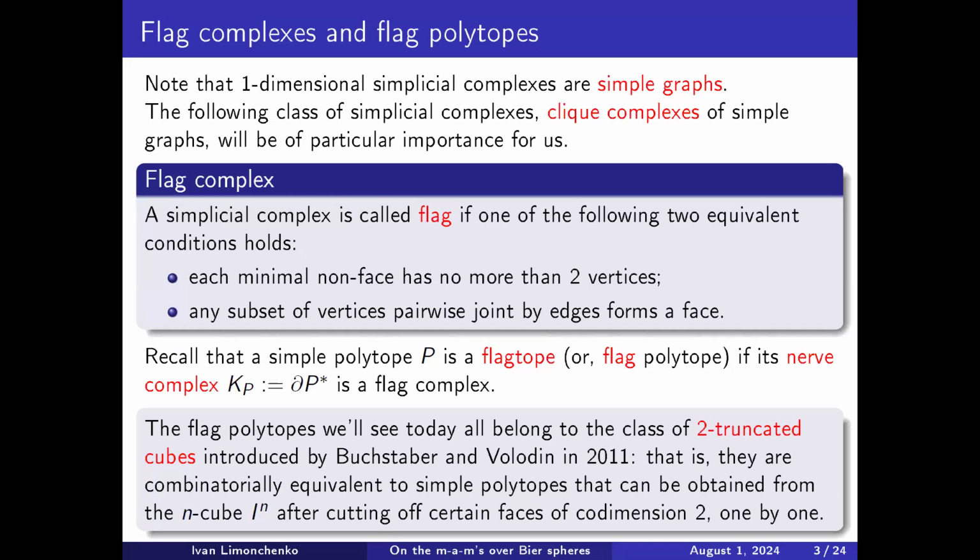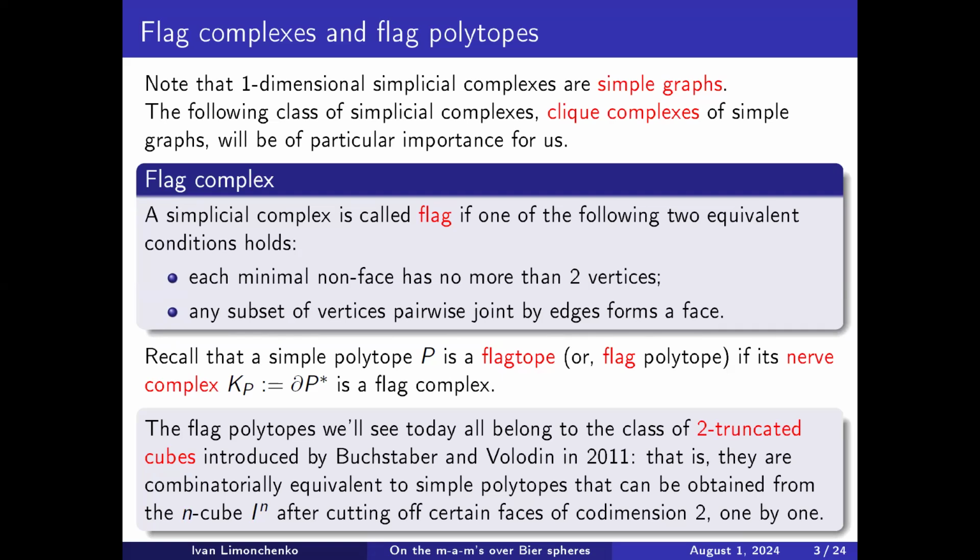A particularly important class of flag polytopes in this talk will be the class of two-truncated cubes. This was introduced in 2011 by Buchstaber and Volodin in their study of nestohedra, and I will mention nestohedra also in this talk because of Bier spheres.